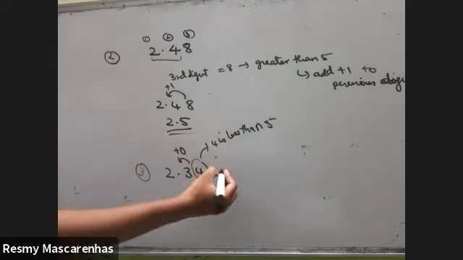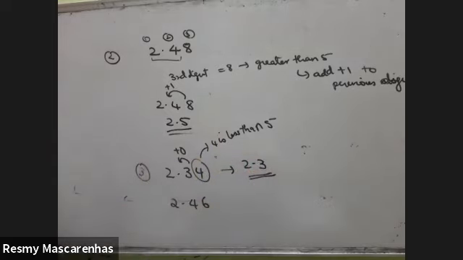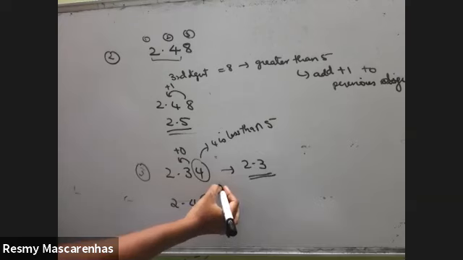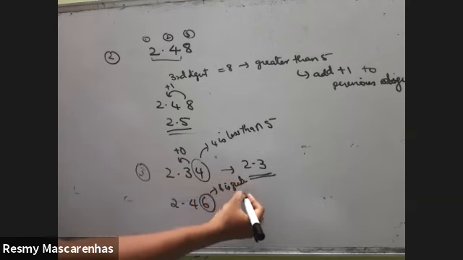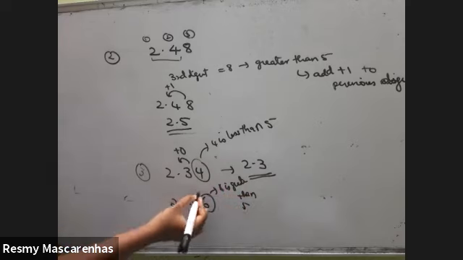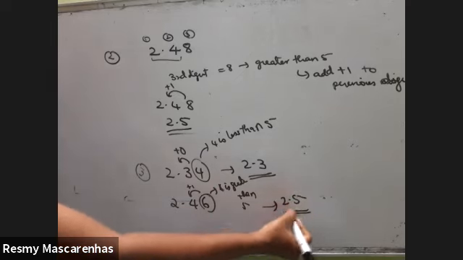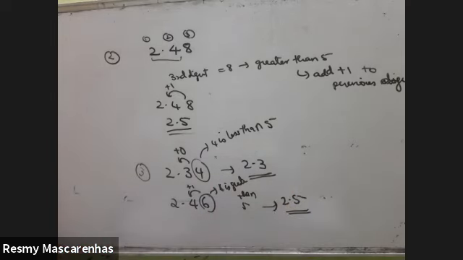Less than 5 means no change, the answer will be 2.3. Now this one, 6 is greater than 5, so I have to add plus 1, and my answer will be 2.5. Clear now? Someone had told me the answer 2.4. Did you get your doubt cleared? Yes, teacher.